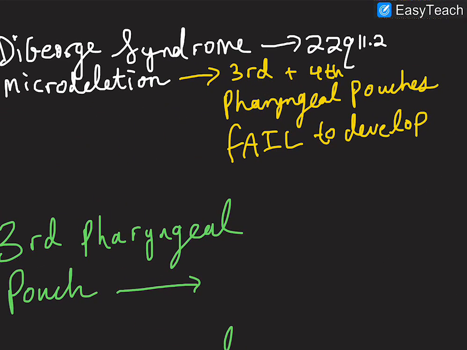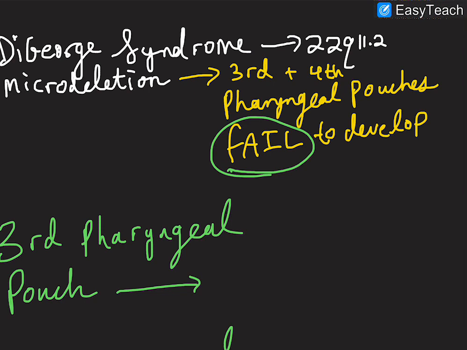And we know that if we do see this microdeletion, that's going to lead to the failure to develop the third and fourth pharyngeal pouches.